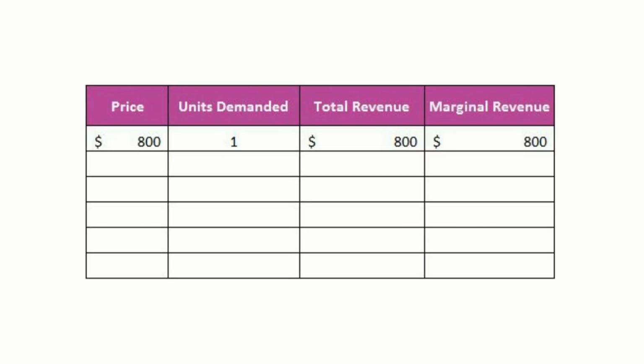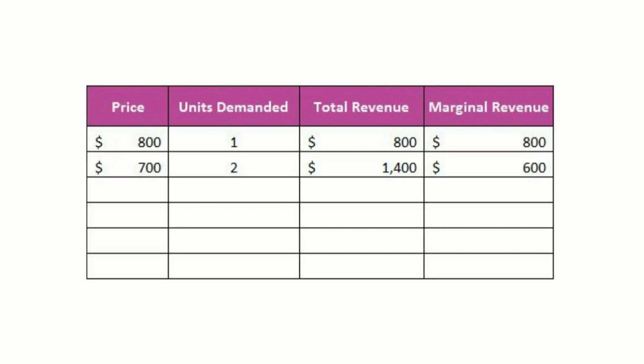Table 1 itemizes your marginal and total revenues. The total revenue after selling one iGog equals $800. The total revenue from selling two iGogs equals $1,400, or the price $700 times two iGogs sold.